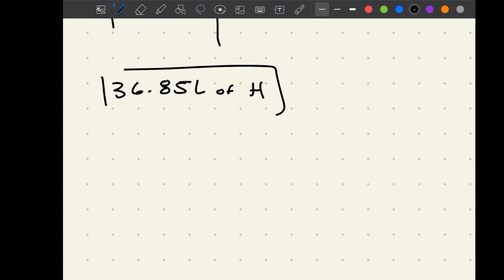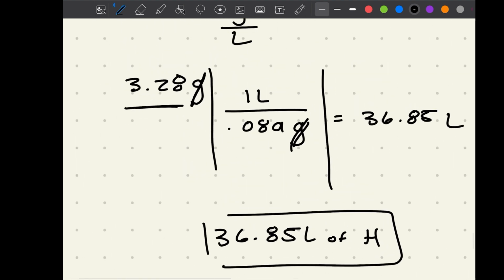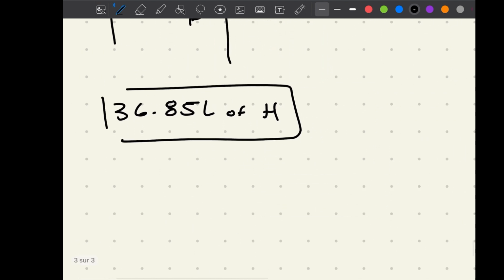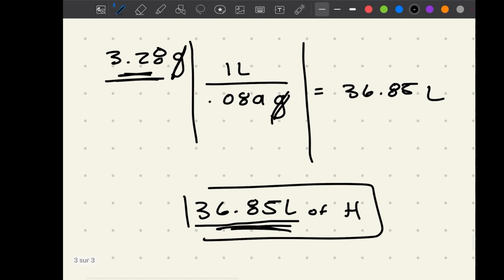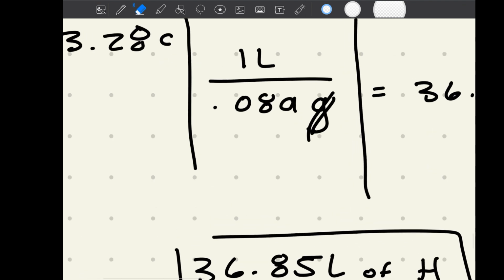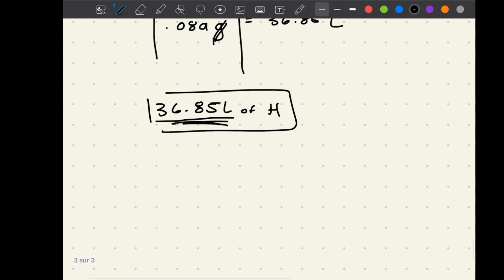And all this is saying is that to be able to extract 3.28 grams of hydrogen, we will need to fill a container up with 36.85 liters of hydrogen.